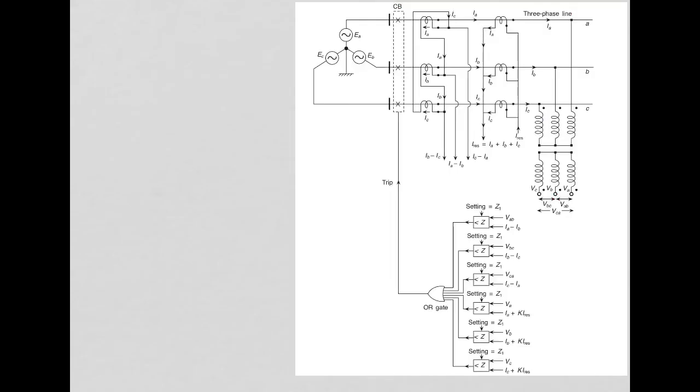Now the complete protection of the three-phase line. So it can be shown that the phase fault units also cater to the corresponding double line to ground faults.